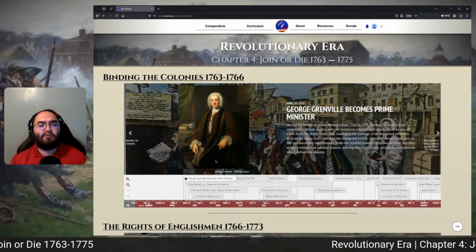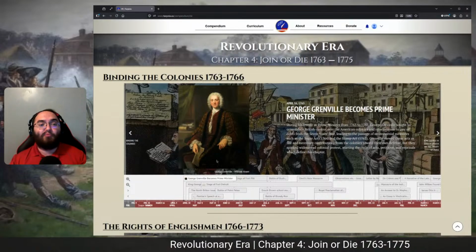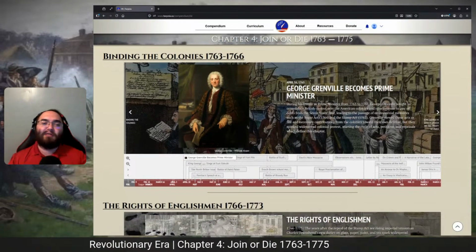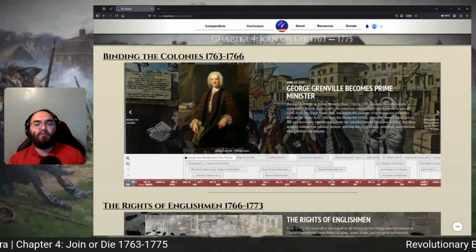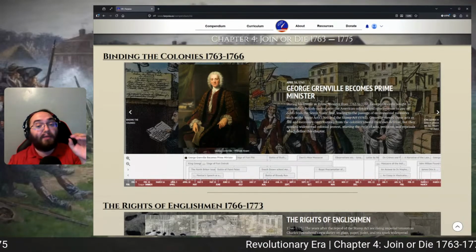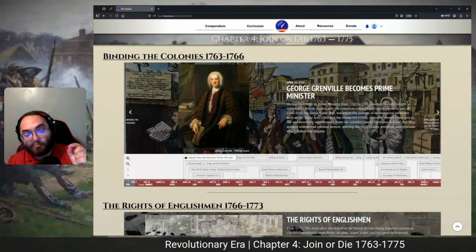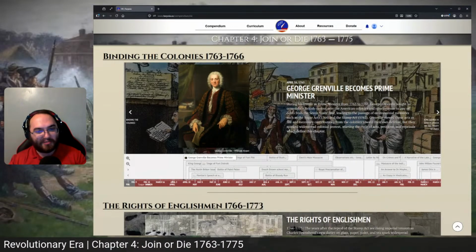So instead of keeping track of who's monarch, we're now going to be keeping track of who is prime minister, because just as keeping track of the monarchs in previous chapters was important for understanding the alliances and the wars, keeping track of who is the prime minister is going to be important for the American colonies.